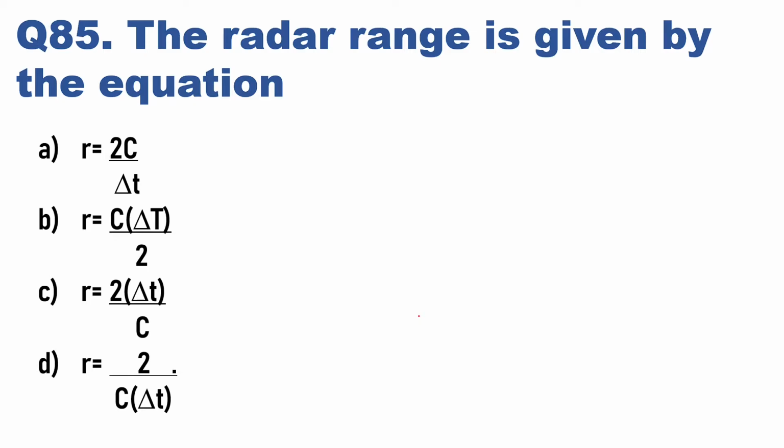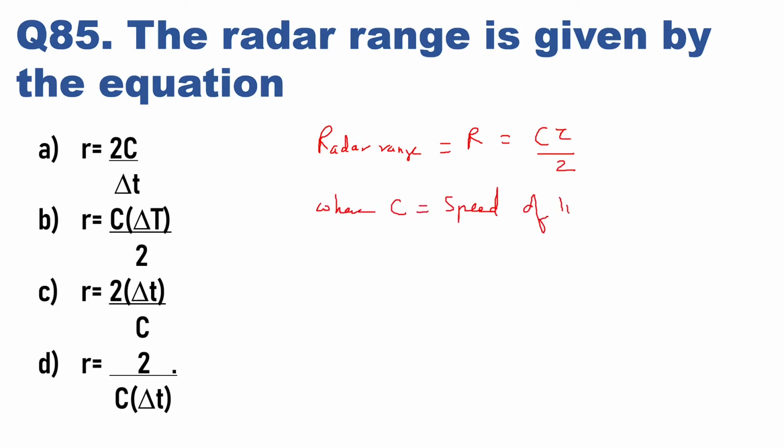Now we have studied radar range, and in that we have studied that radar range can be given as R is equal to C tau by 2, where C is the speed of light in meters per second, and tau is the round trip echo time, echo time in seconds. So here tau can be replaced by delta t.